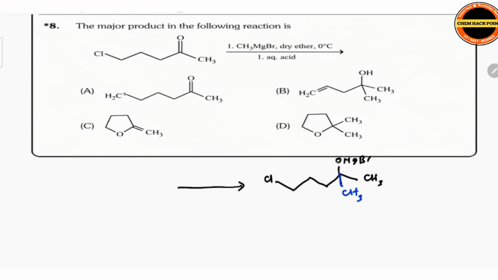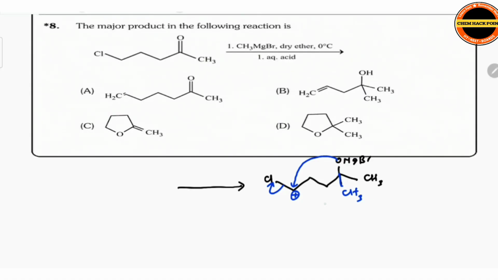CH3, CH3. This alkoxide ion attacks this terminal carbon where the halogen is, which is positively charged. If it attacks here, cyclization occurs. A 5-membered cyclic ether is formed.